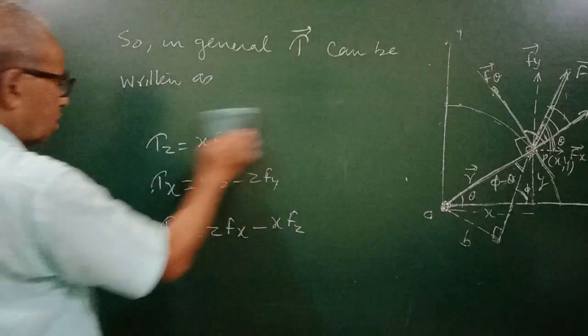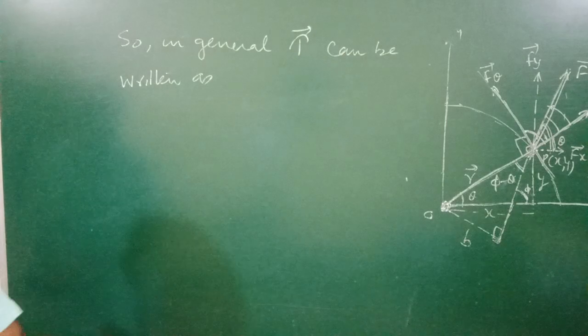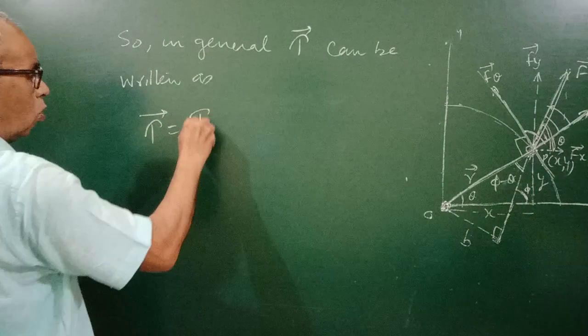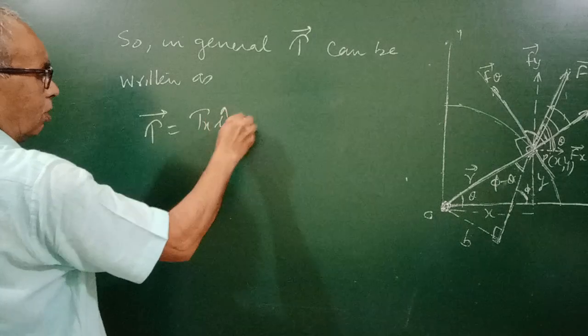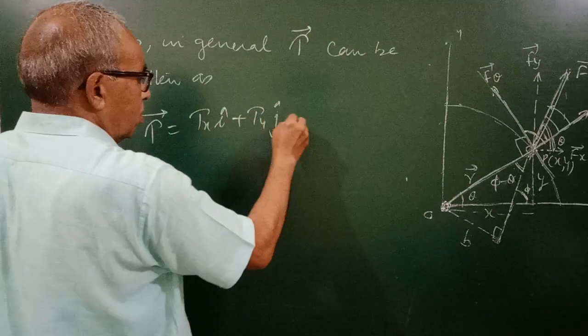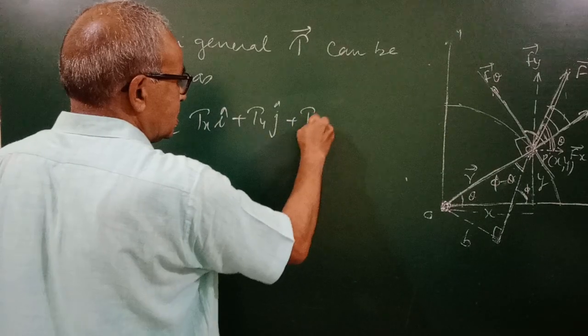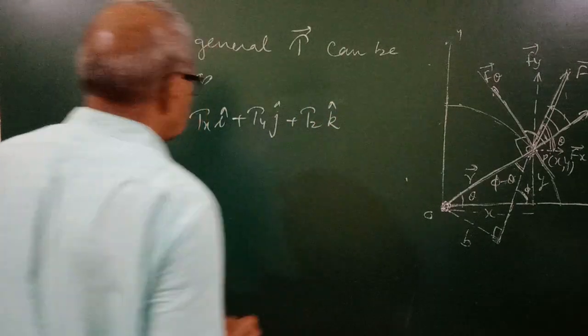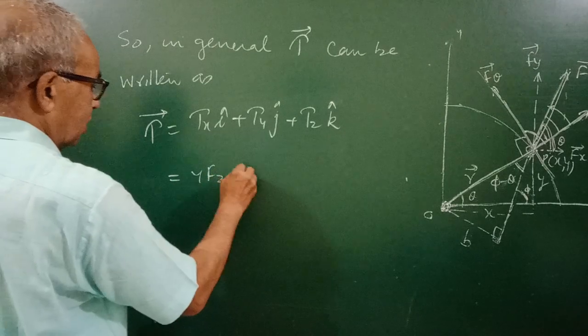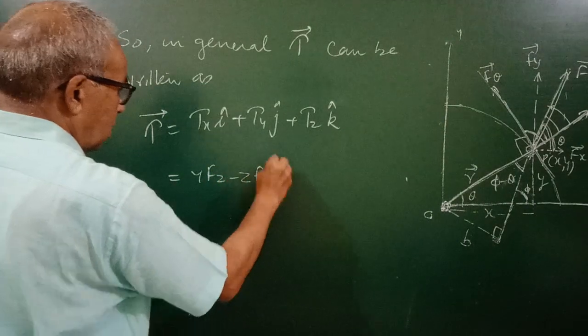this is very important, dear student, please think sincerely. Vector tau equal to tau x i cap plus tau y j cap plus tau z k cap. Tau x equal to y Fz minus z Fy i cap.